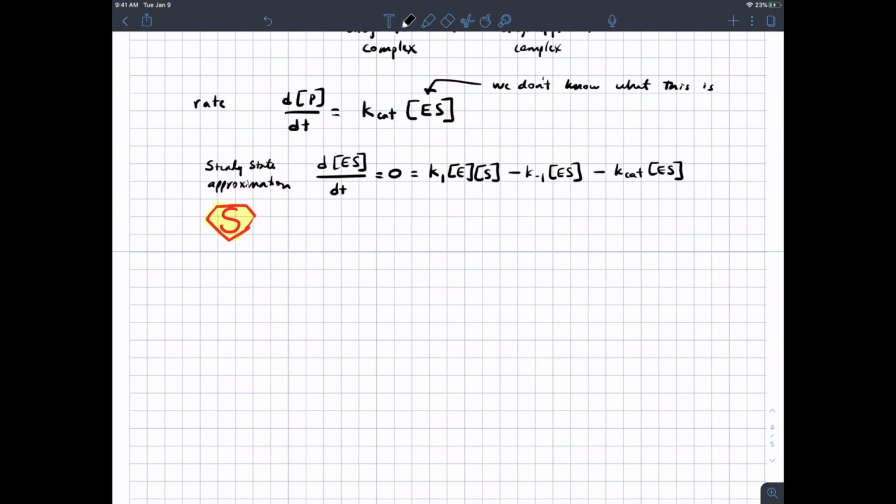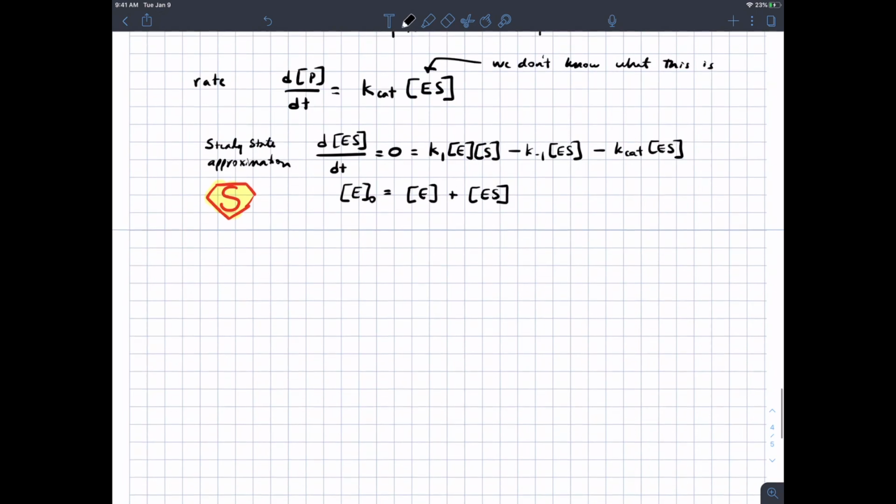However, we do know in experiments how much total enzyme there is, which we're going to call concentration of enzyme with the subscript 0. That's going to equal the amount of unbound enzyme plus the amount of bound enzyme, because that's all the enzyme you've got.